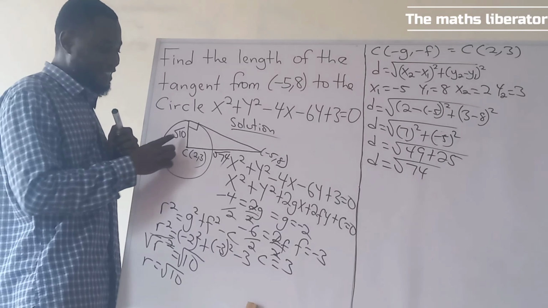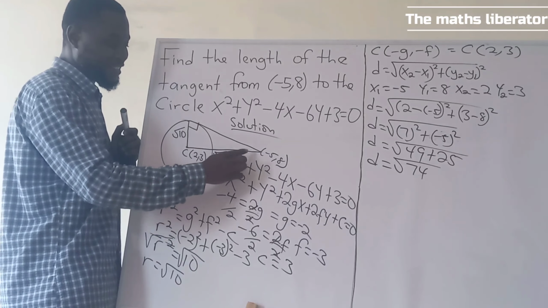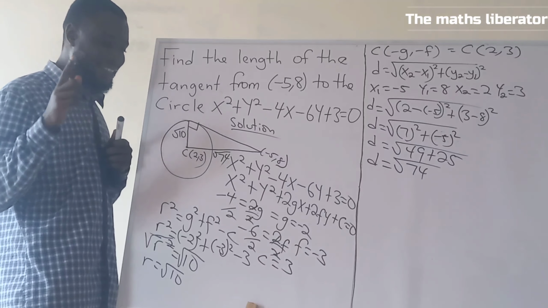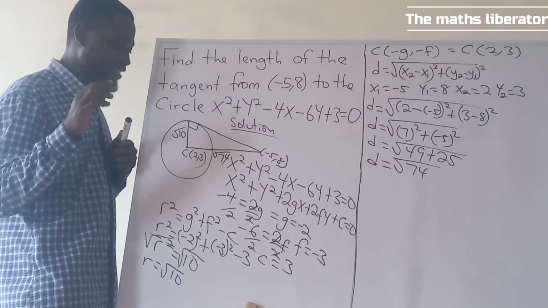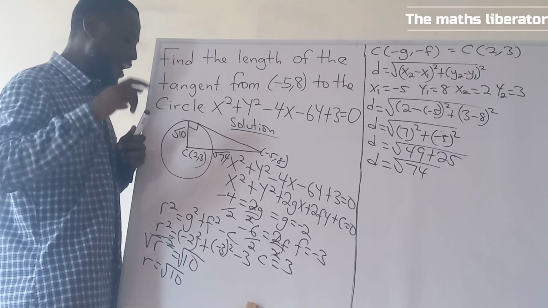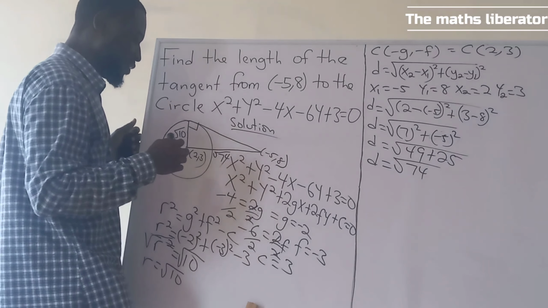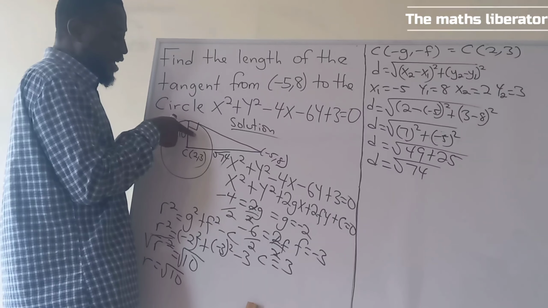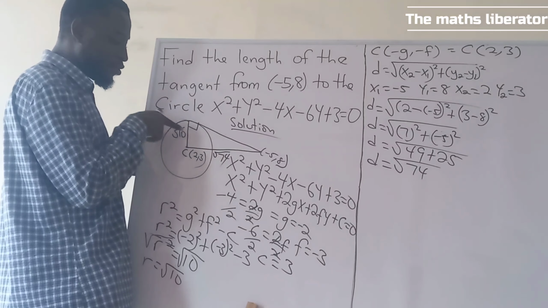Since we know the length of the radius and the length from the center to the external point, we can find the tangent by using the Pythagorean Theorem. We square the hypotenuse, the longest side, and equate it to the sum of the squares of the other two sides. The side opposite the right angle is always the hypotenuse.